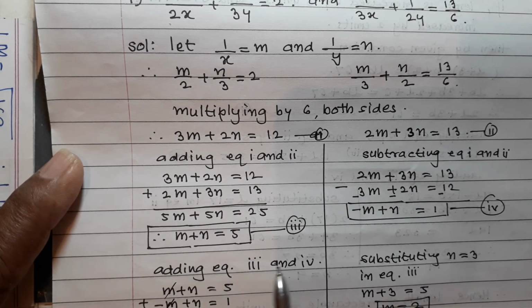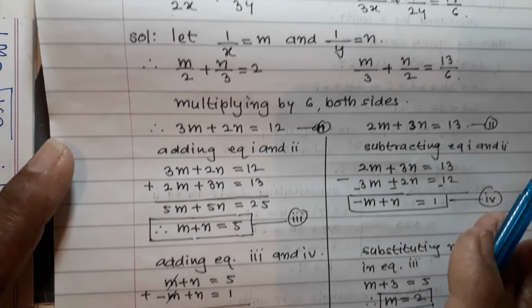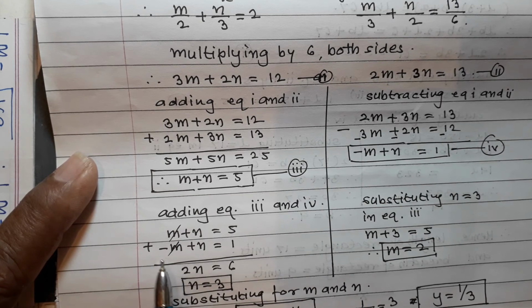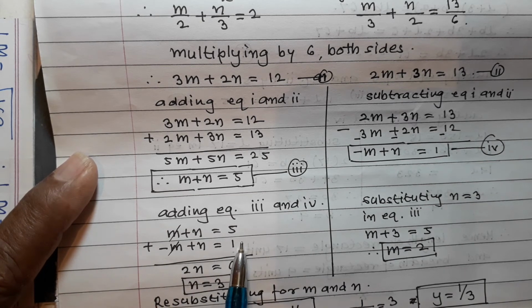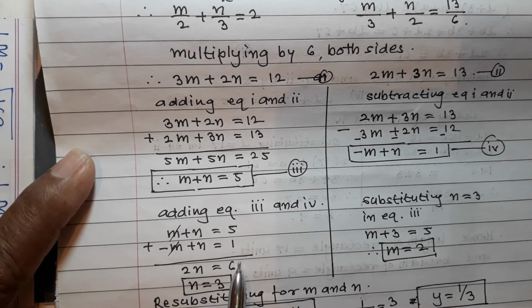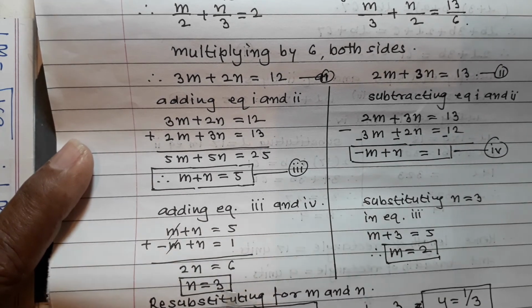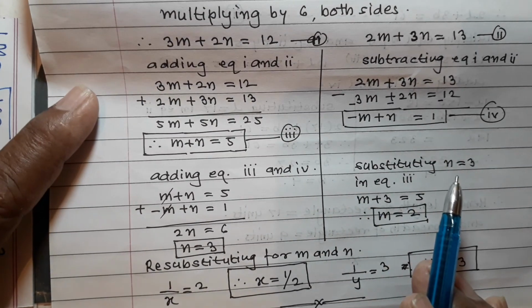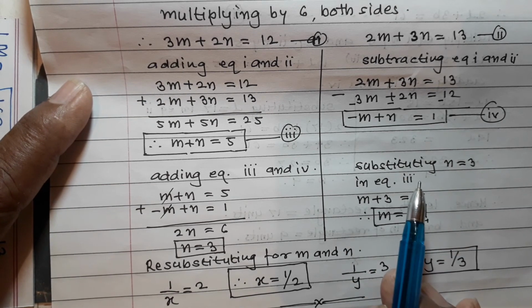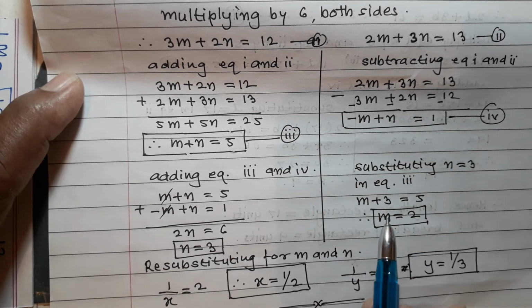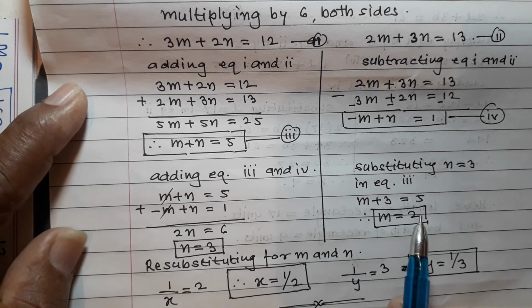Adding equation number 3 and 4: m plus n is equal to 5 plus minus m plus n is equal to 1. M gets cancelled. 2n is equal to 6 and therefore n is equal to 3. Substituting n is equal to 3 in equation number 3, m plus 3 is equal to 5 and therefore m is equal to 2.